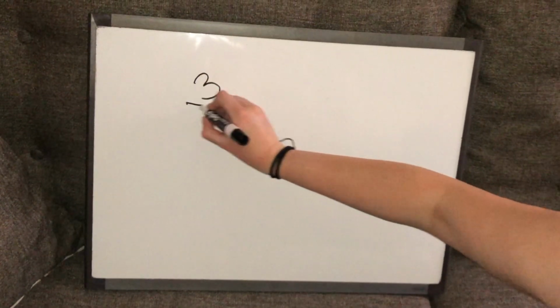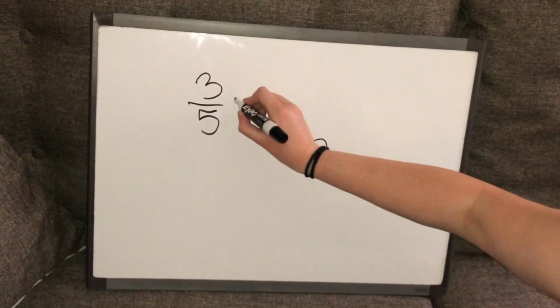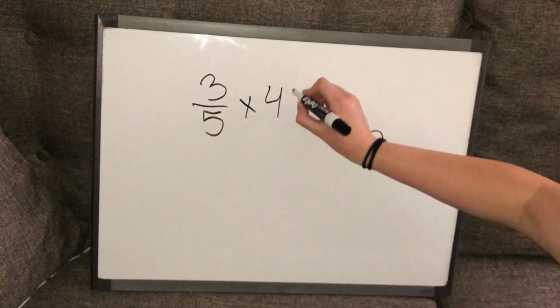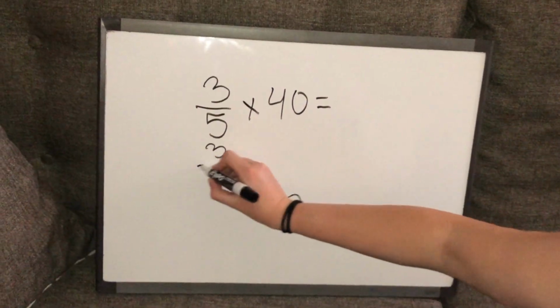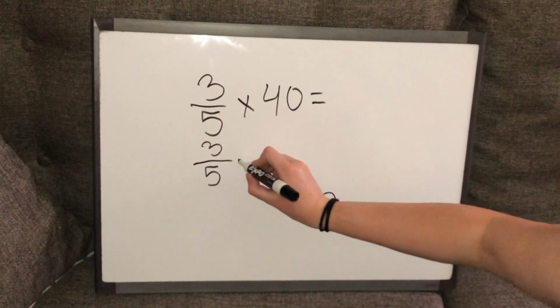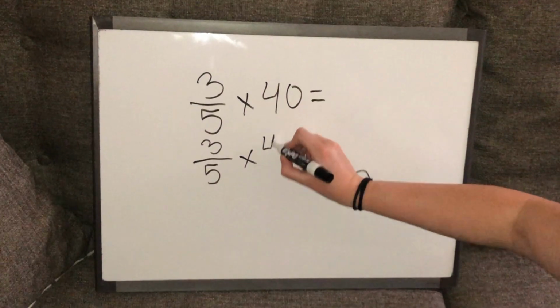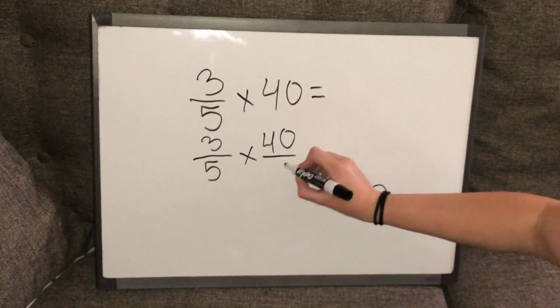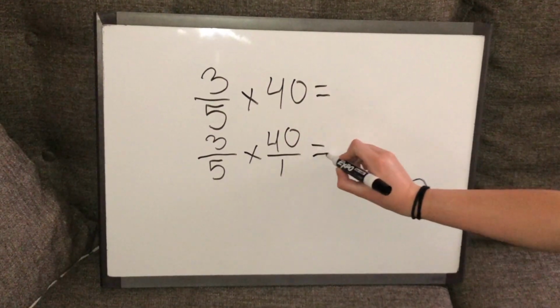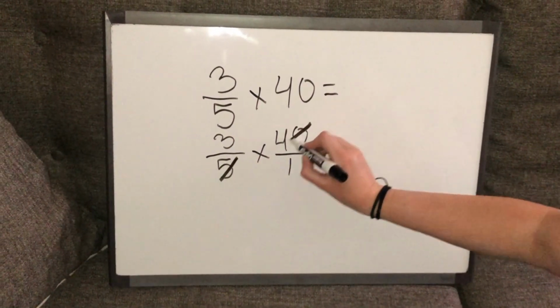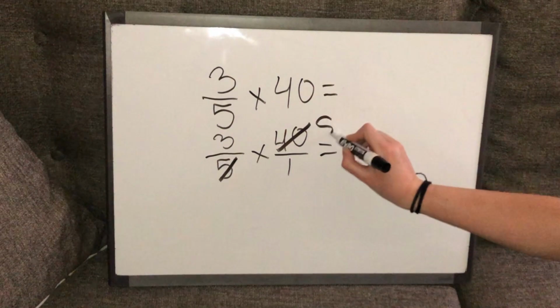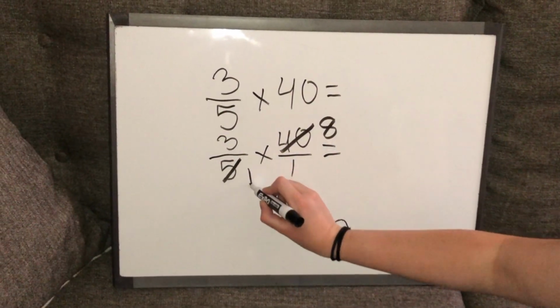Let's work it out. 3/5 of 40 is the same as 3/5 times 40. Since this is a little bit difficult to multiply out as is, we're going to change 40 to 40 over 1. Let's go ahead and simplify. 5 and 40 can be simplified because they can both be divided by 5.